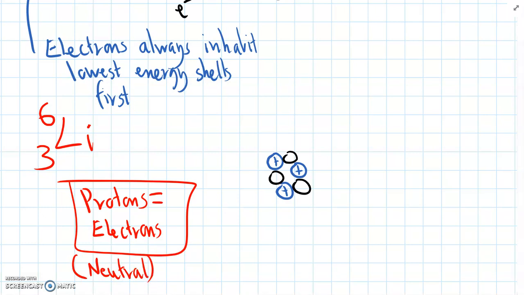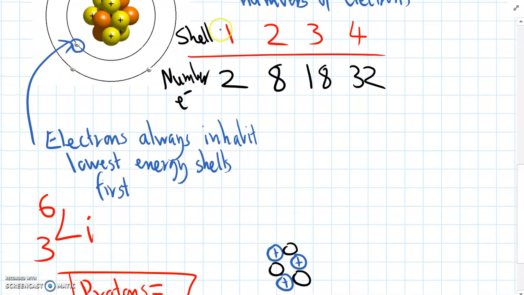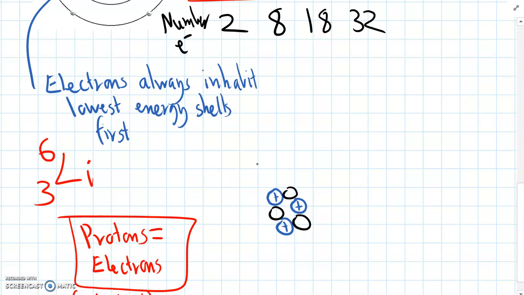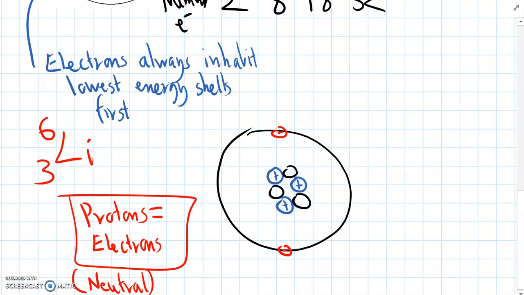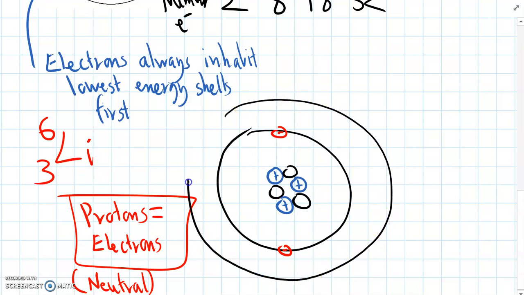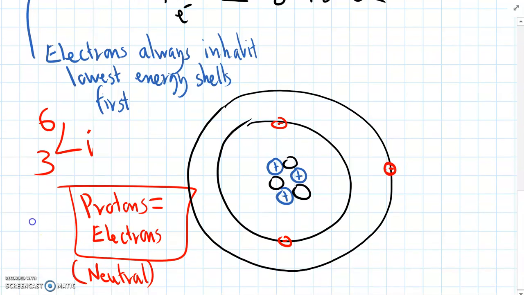So we've got 3 electrons, and remembering that the first shell can only hold 2, we'll draw our first shell, and we know there must be just 2 electrons in that first shell. Now that shell's full though, so the third electron will have to go into the second shell. And that's all 3 of our electrons.